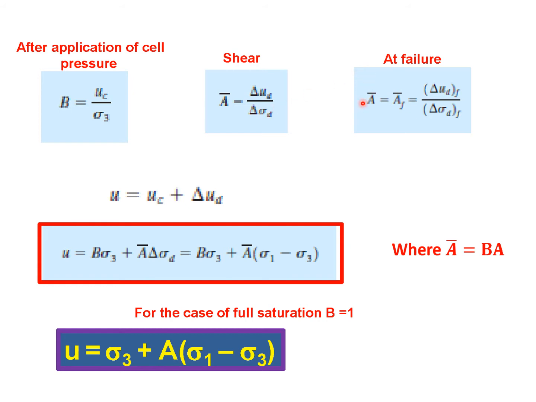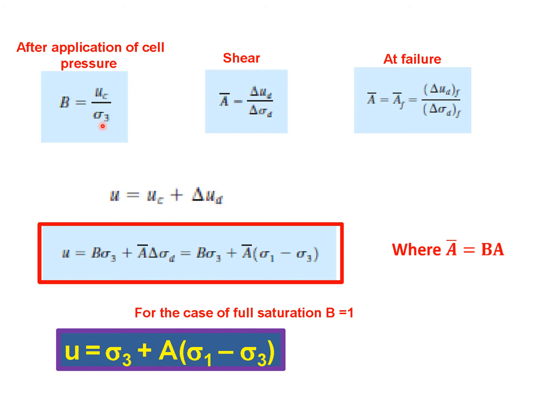And at failure, A bar can be written as A bar sub F, that is delta U sub D sub F divided by delta sigma D sub F. So U is equal to U sub C plus delta U sub D.